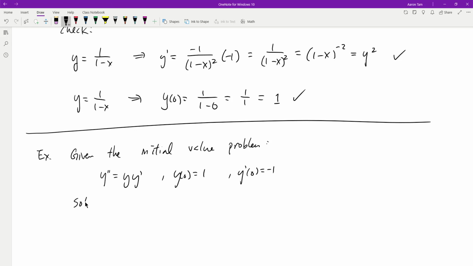The problem asks you to solve for y using a power series and show the first 4 non-zero terms.